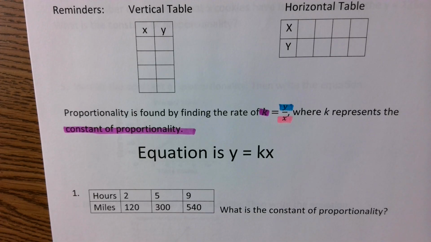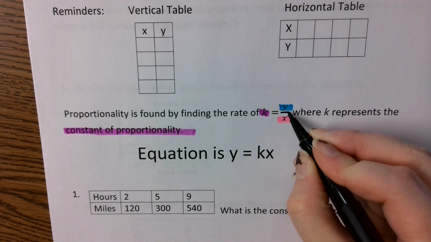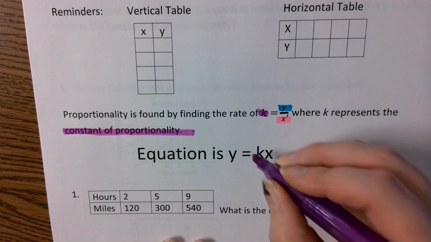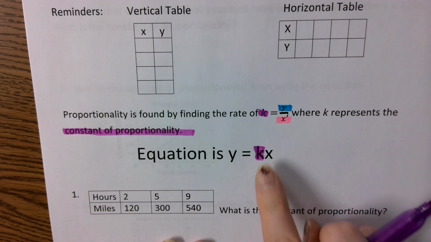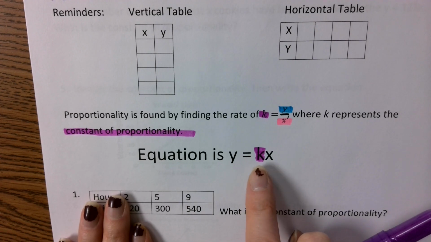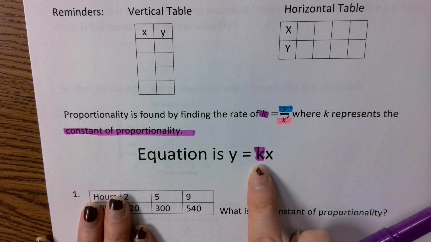It is always the y divided by the x. Okay, so when we write it as an equation, we write it as y equals k times x, where y and x are just variables, and k is that value, y divided by x.